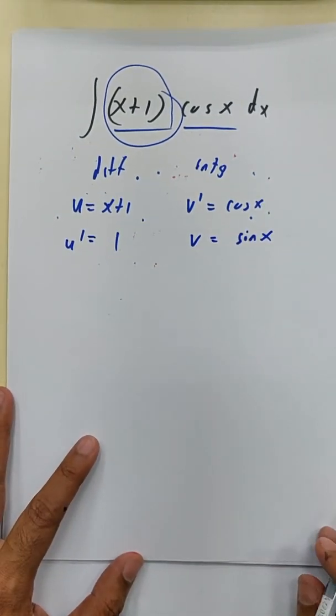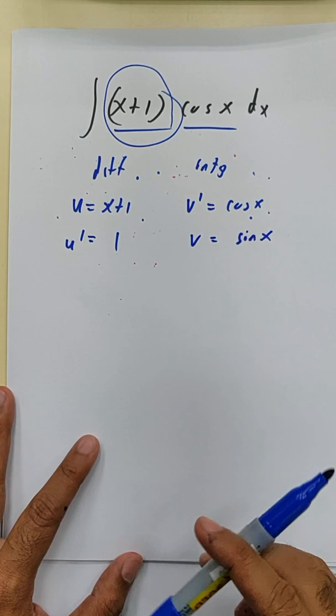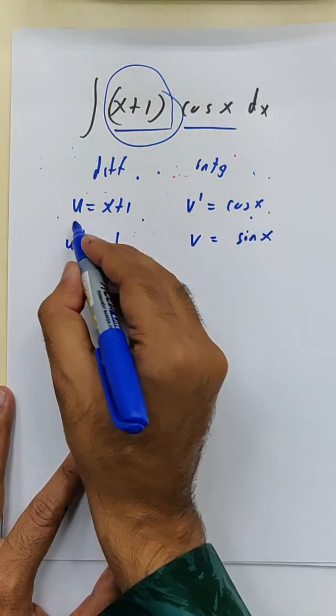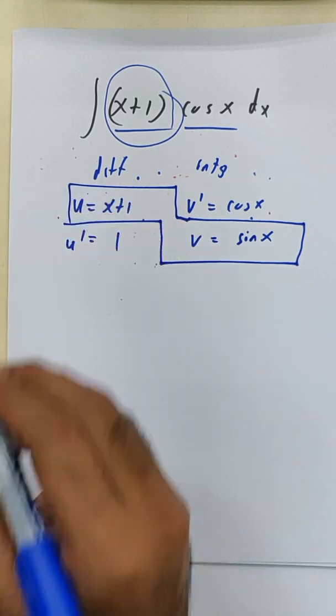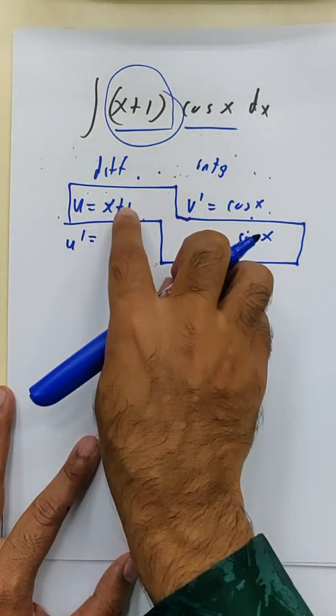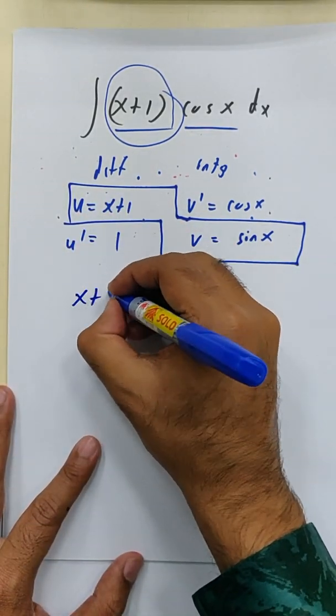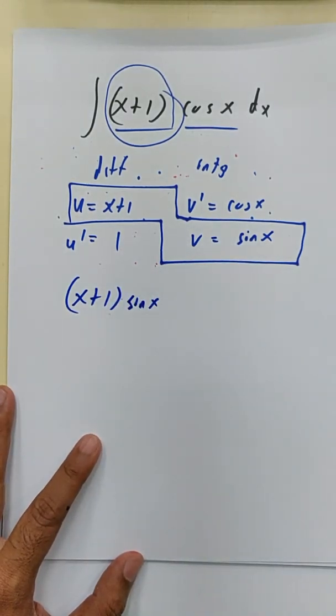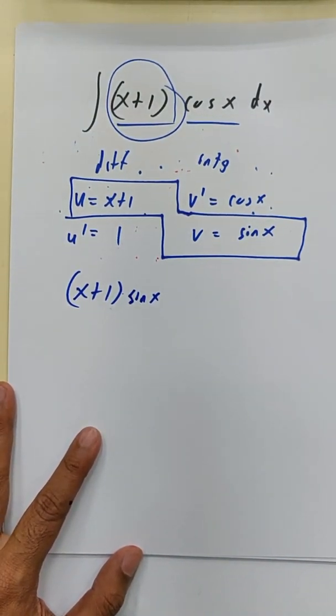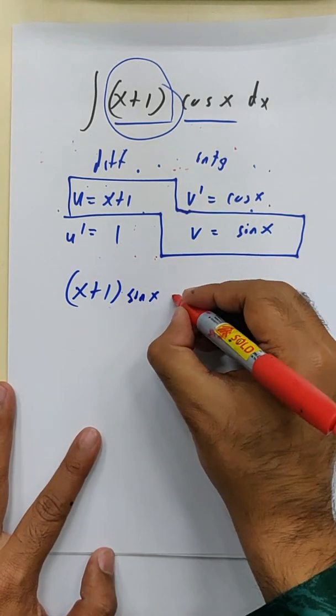And then how do I continue from here? I do this Tetris here. I multiply them up: (x plus 1) sin x. What do I do next? I minus.